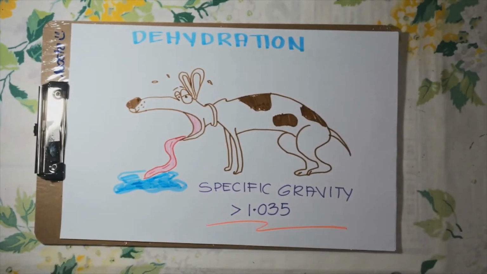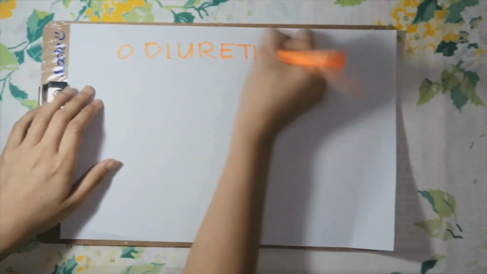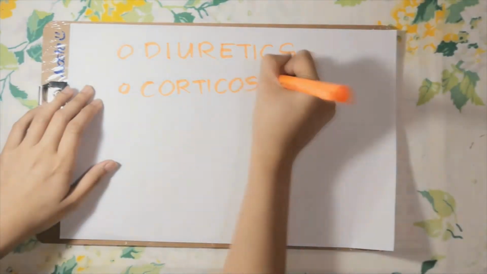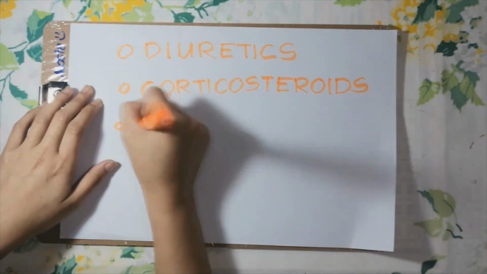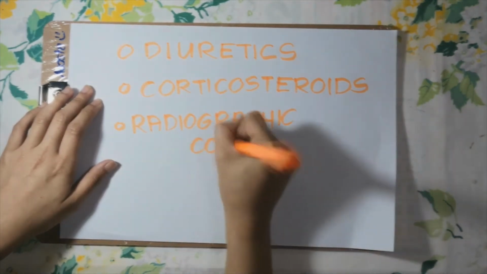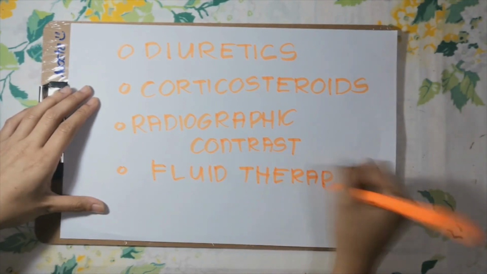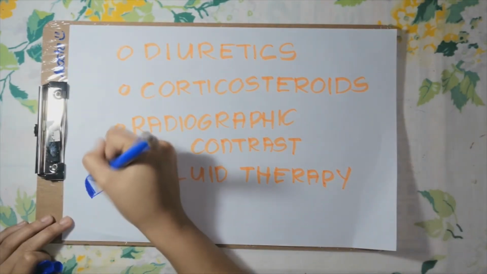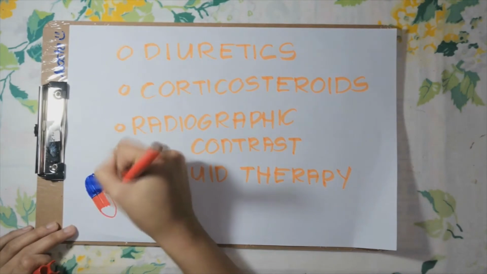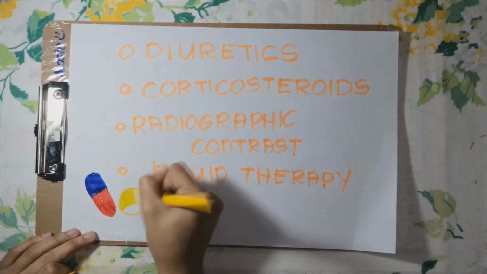Urine-specific gravity is also greatly affected by administration of diuretics, corticosteroids, radiographic contrast agents, and fluid therapy. These treatments reduce the usefulness of specific gravity as an indicator of renal function.